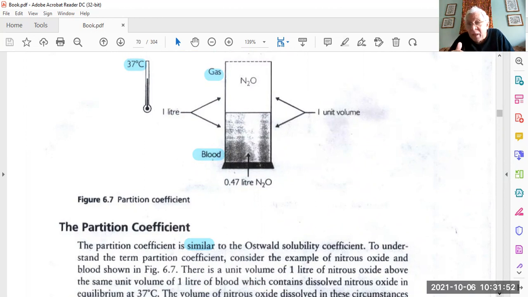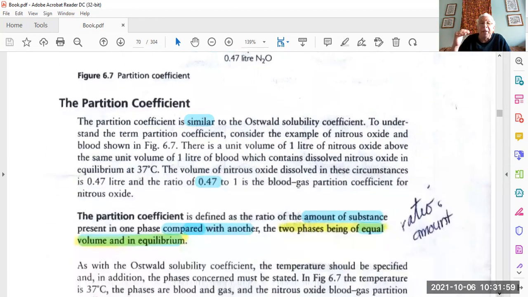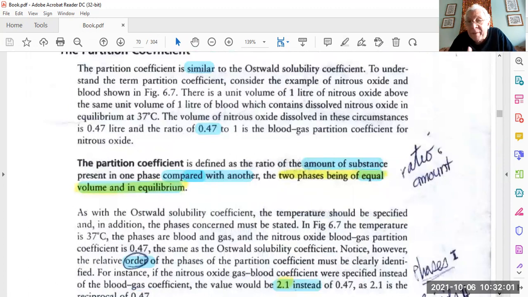You see, we must put them in what we call order. We must put them in the order. This is the first thing.